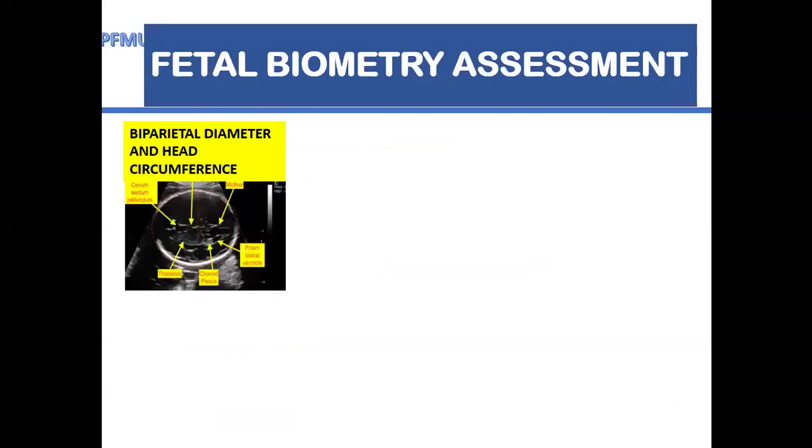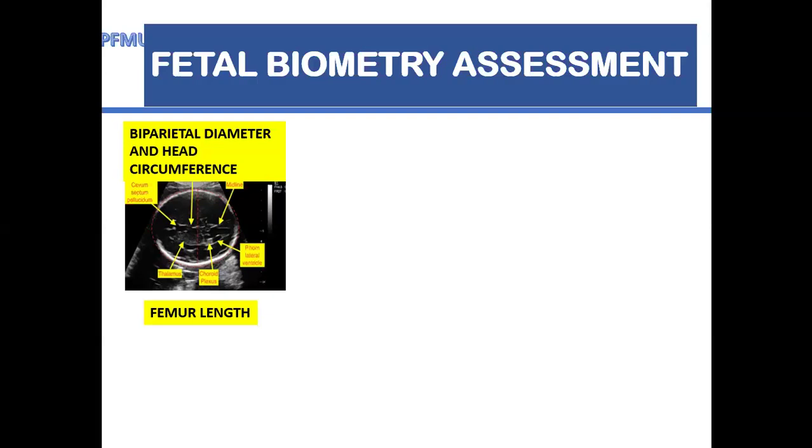So what are some of the fetal biometry which are used in growth assessment? We've got head circumference and biparietal diameter. And also remember, these are some of the landmarks. There must be some landmarks.